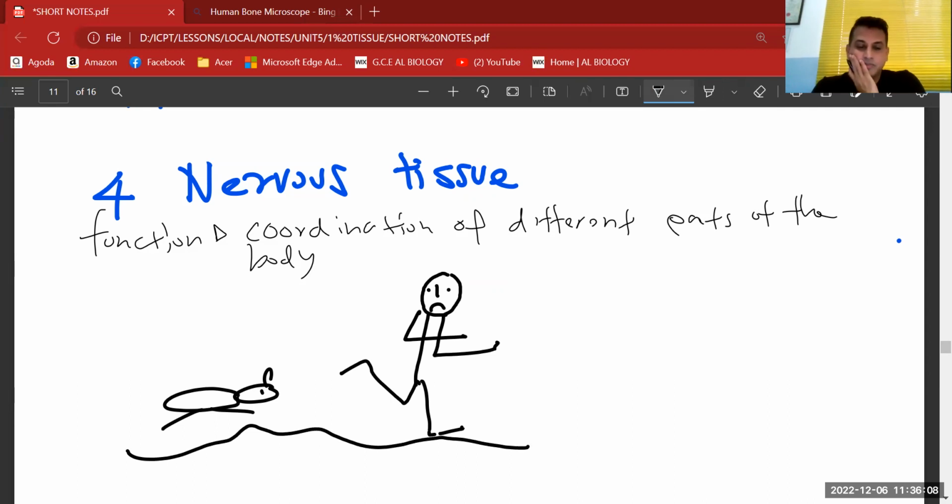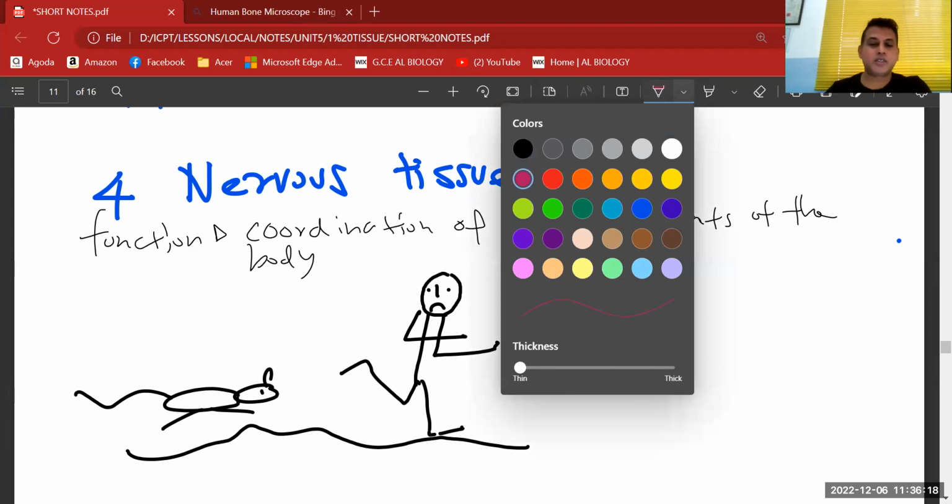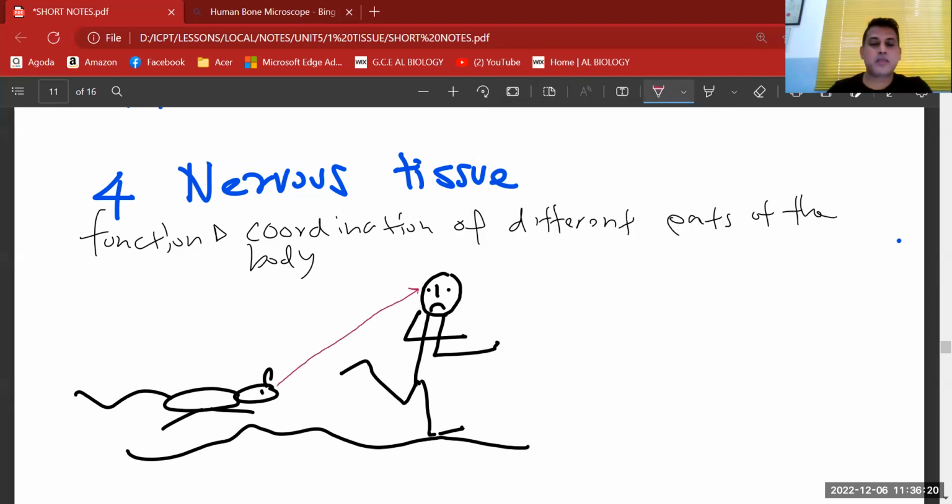If you look at this situation, if this animal is trying to bite, we can see this animal through the eye, and the brain understands there is a dangerous situation. This animal can harm. Then the brain can coordinate with the legs, with the heart, and with the respiratory system.